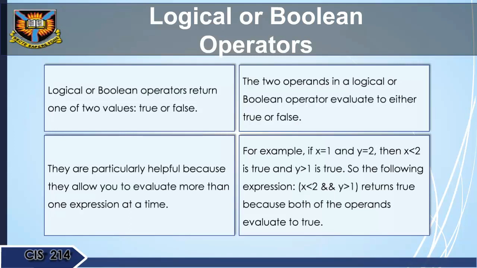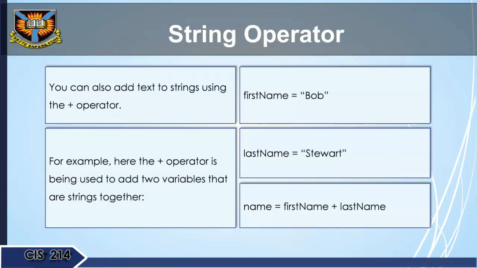For example, if x is equal to 1 and y is equal to 2, then x is less than 2 is true and y is greater than 1 is true. So the following expression, x is less than 2 and y is greater than 1, returns true because both of the operands evaluate to true.